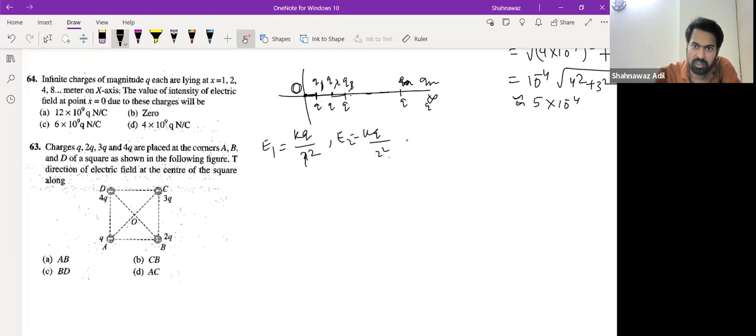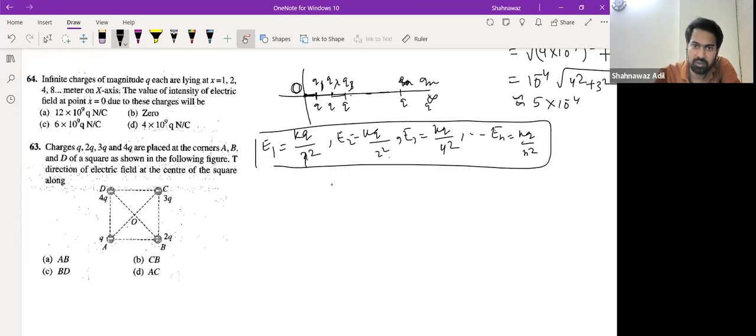And this E3 is kq by 4 square, and then you have E, let's say n, which is kq by n square. So this is how it goes, and you have to calculate the total electric field.